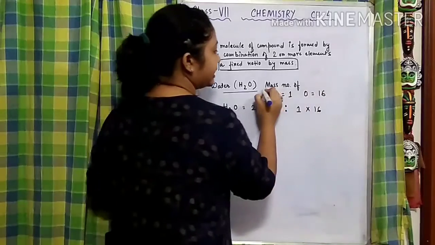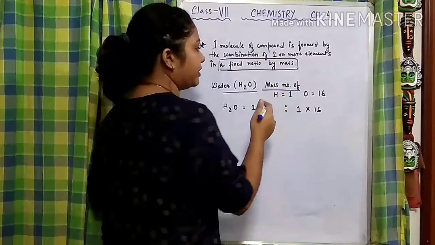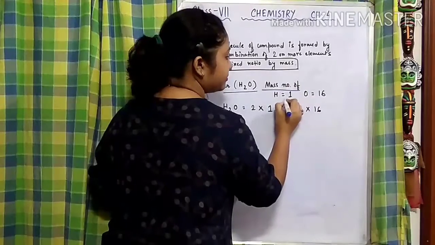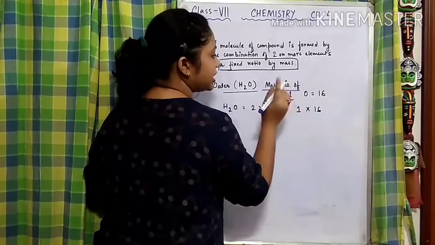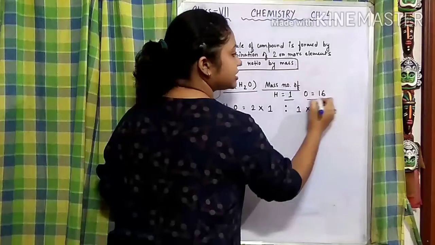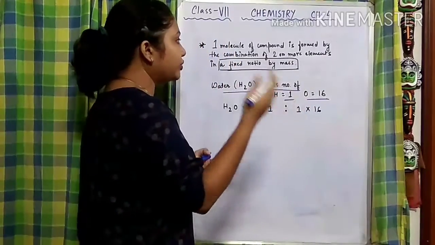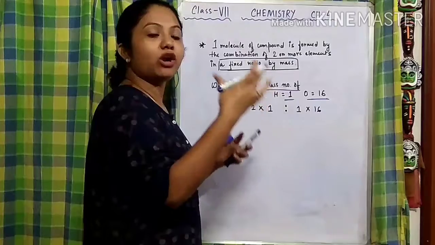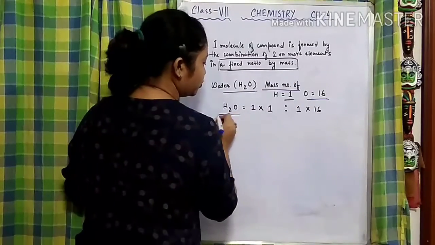Now, I have said that every element has a definite mass number. So hydrogen, this is given, has mass number 1. Oxygen's mass number is 16. So how are we going to know how they are combining in a fixed ratio? Here, H2O.